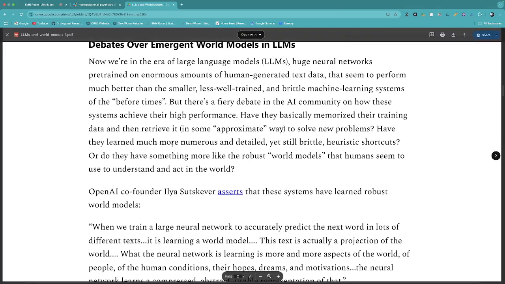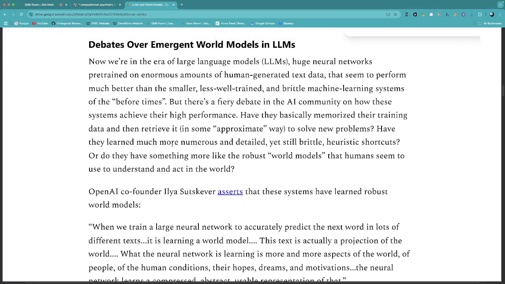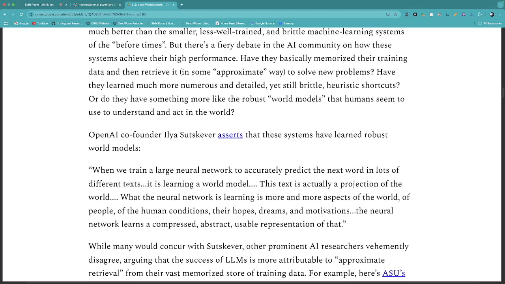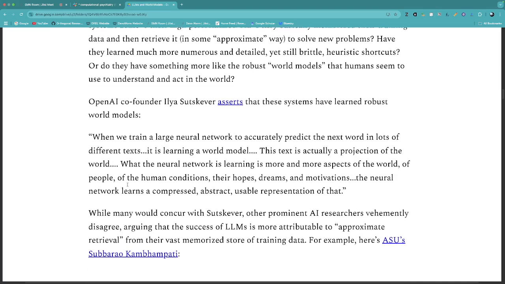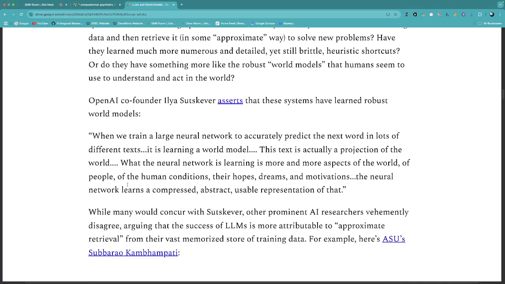Have they learned much more numerous and detailed, yet still brittle heuristic shortcuts? Or do they have something like a more robust world model that humans seem to use to understand and act in the world?